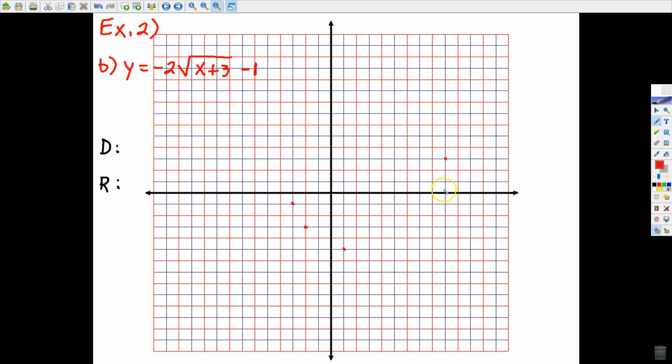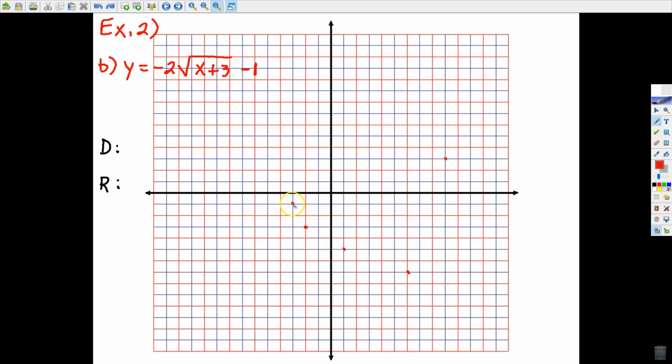And then finally, we're here at 9, 3. But multiplying by -2 makes it 9, -6. And then I do the shift. Left 3, down 1. And these 4 points will represent the graph of my answer.